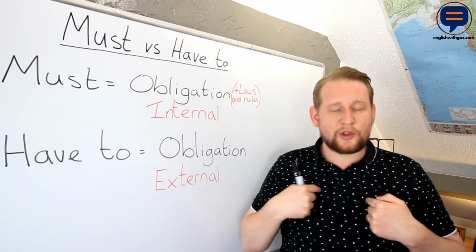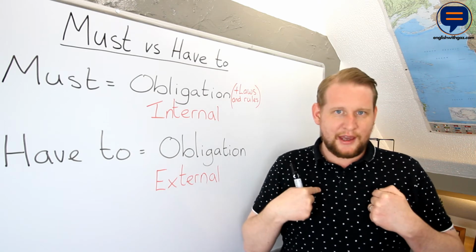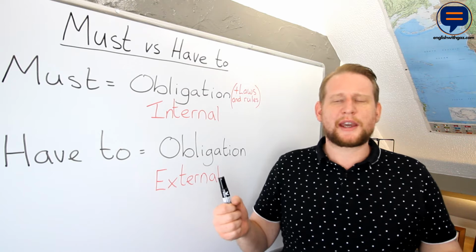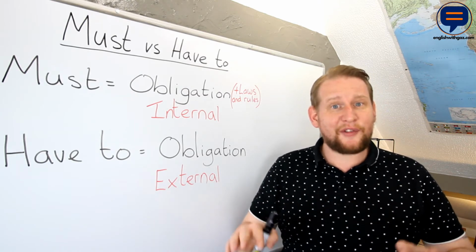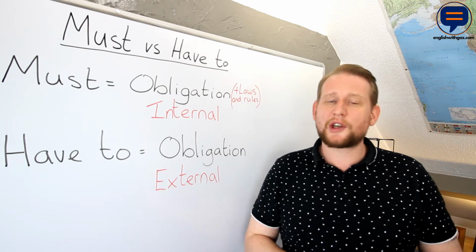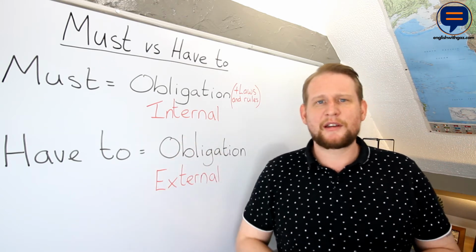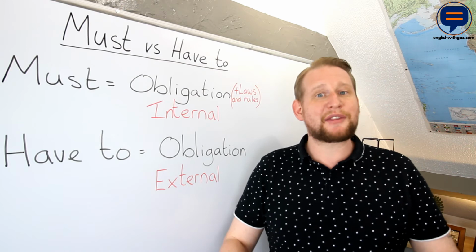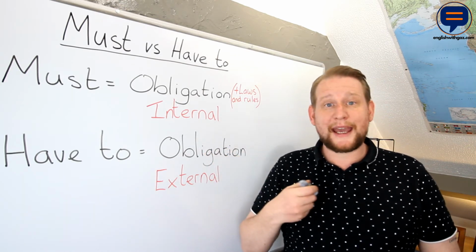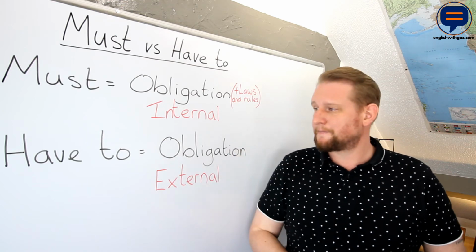I must do these things for me. I don't want to be unhealthy, so I must quit smoking. I definitely don't want my children to be ill, and I definitely don't want to go to prison, so I must feed my children or those bad things will happen. That's my internal obligation to do those things.